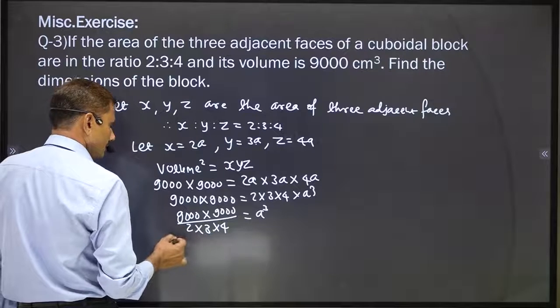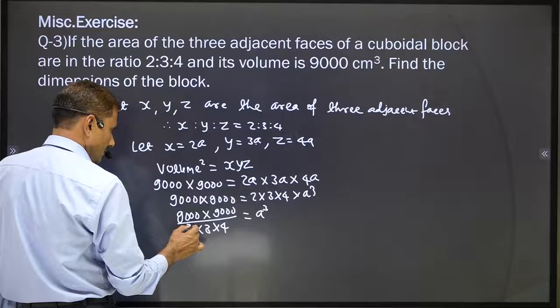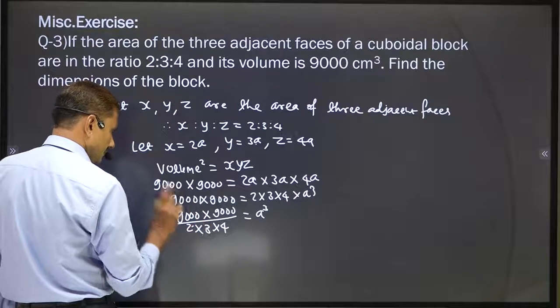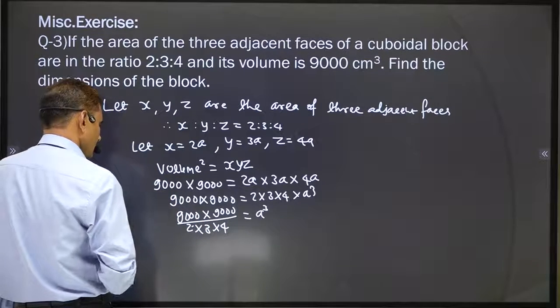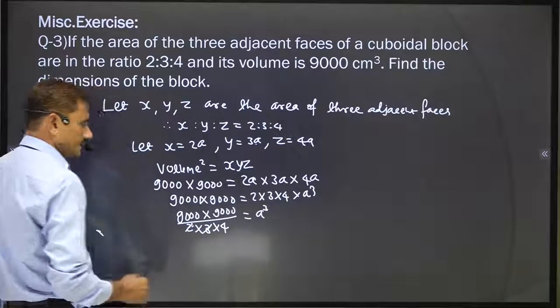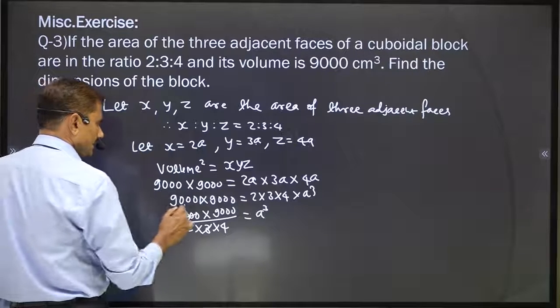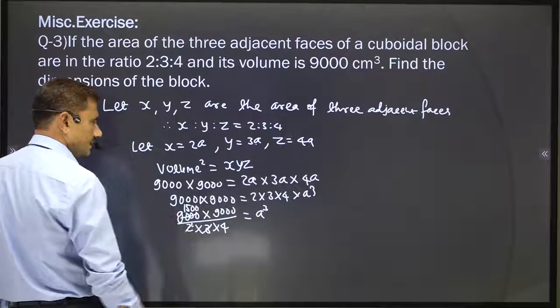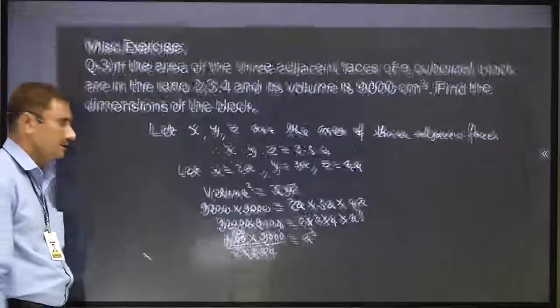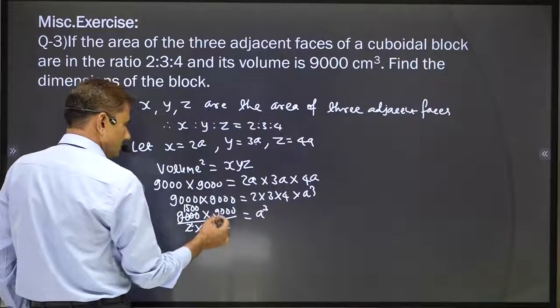Okay, now you can cancel out directly by 6, otherwise directly by 2 3s are 6, 4s are 24 also. Now we just cut by 6. So 6 1s are 6, 6 5s are 30. So it is 1500. Now cut here also.